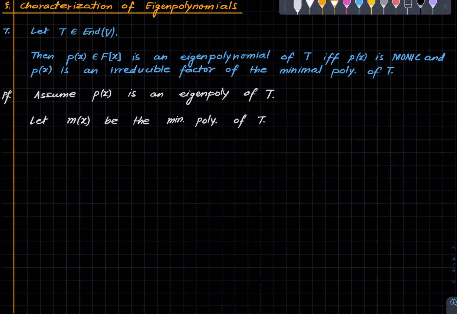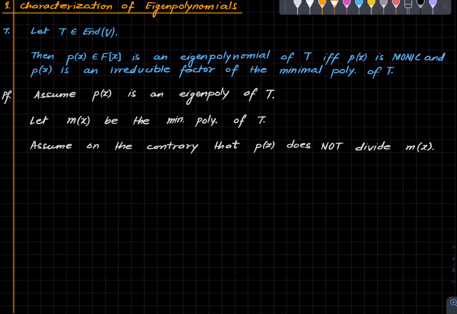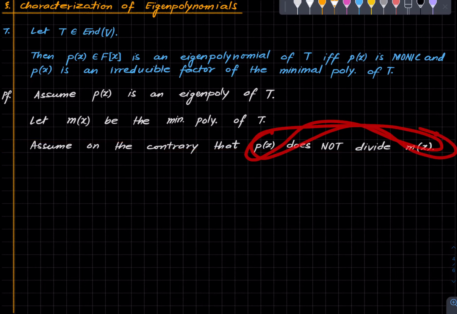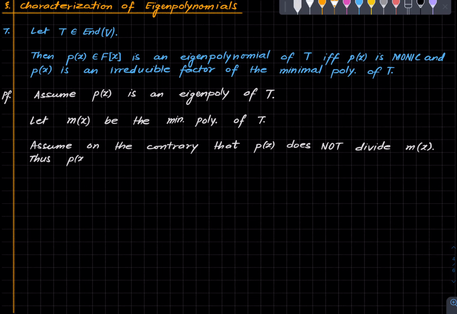And assume on the contrary that p(x) does not divide m(x). We want to get to a contradiction. But now, since this is an irreducible polynomial, this assumption means that these two polynomials are relatively prime. So thus p(x) and m(x) are relatively prime.